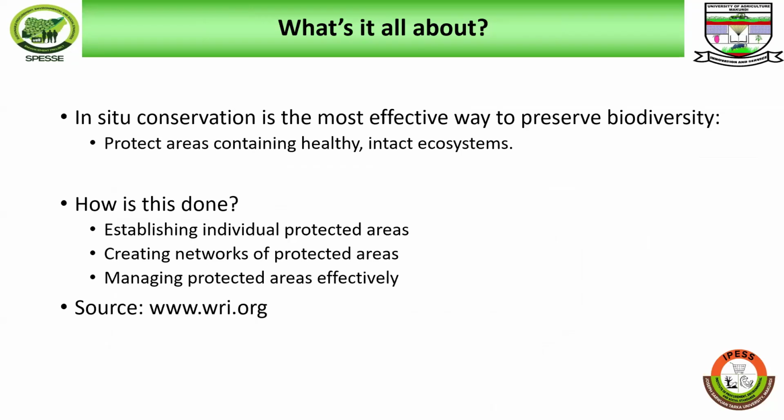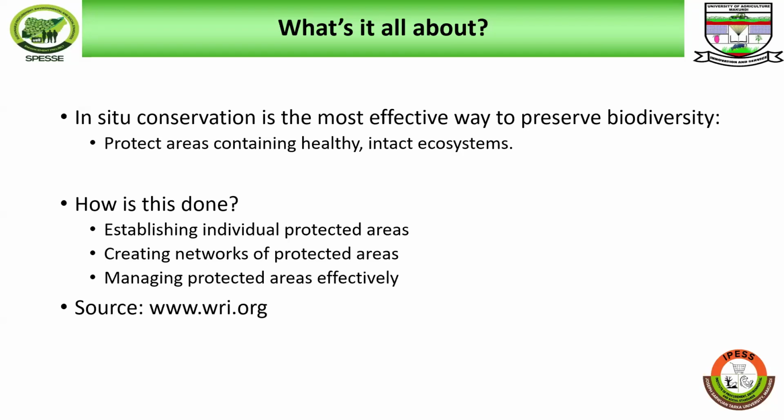In-situ conservation is the most effective way to preserve biodiversity because you are providing naturally occurring habitats. Many of the species are not caged. That is their normal environment that contains all they need to be healthy in an intact ecosystem.